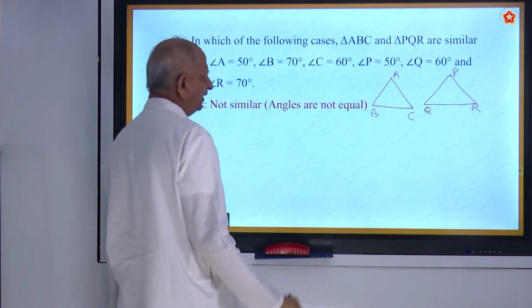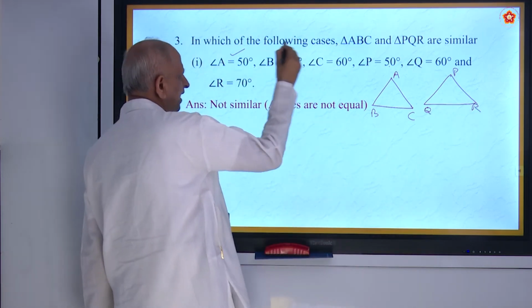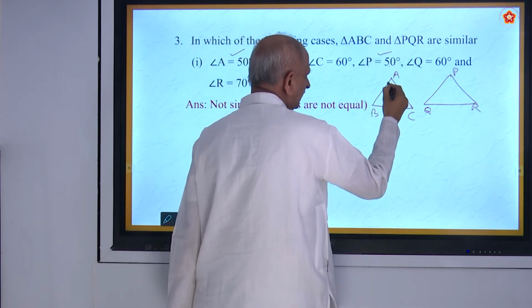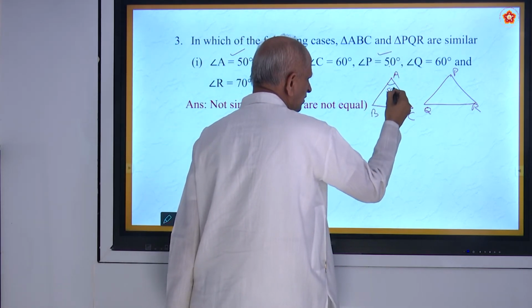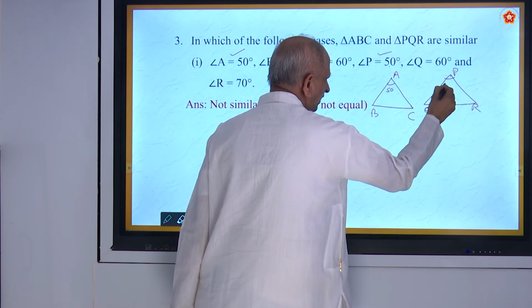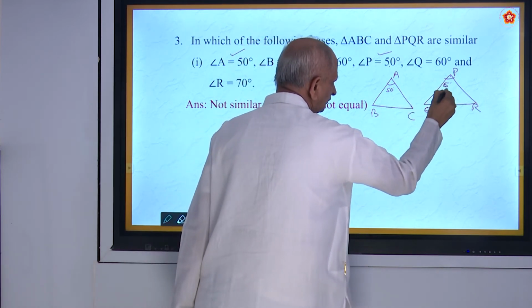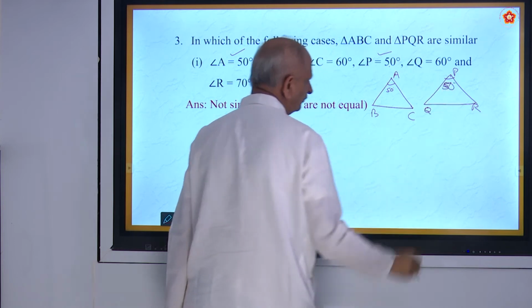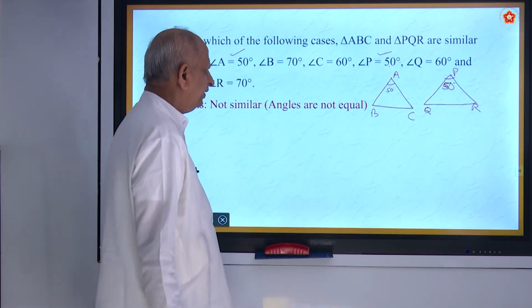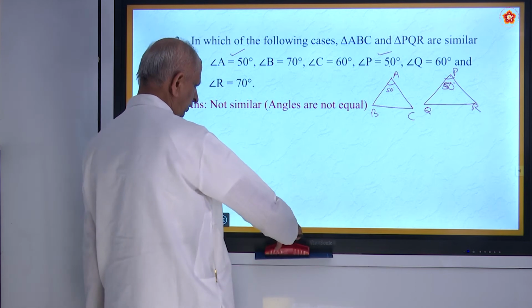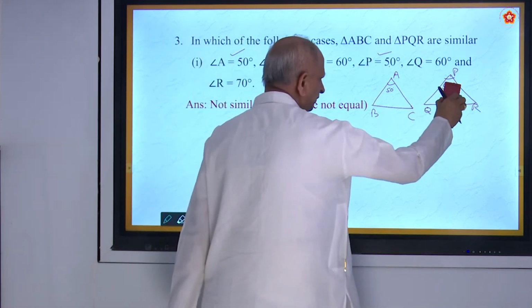You are given that A and P, they are corresponding angles, they are equal, 50 and 50. Now those two angles are equal.